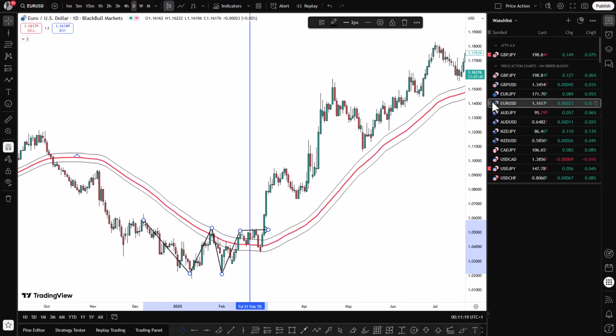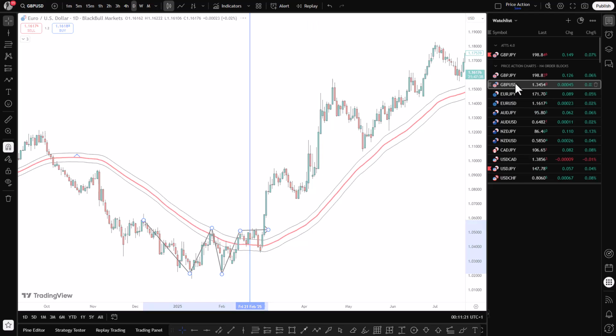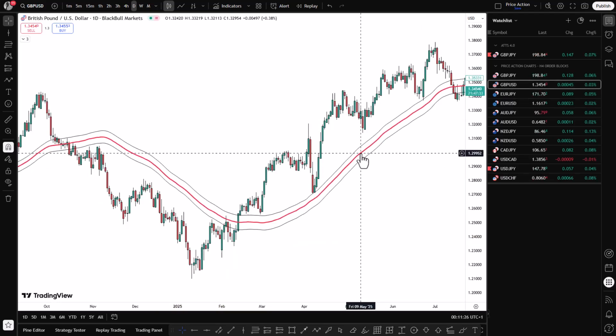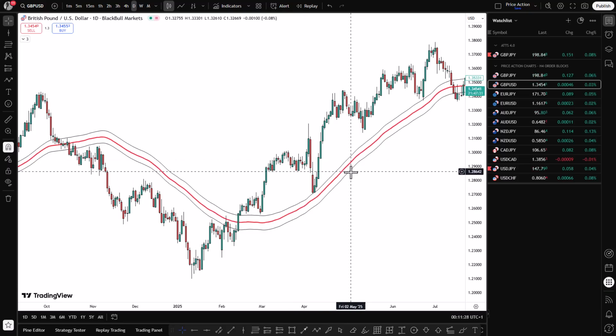And if you've been following me closely, you know that we would have been expecting this same thing to happen on the charts of currency pairs like the GBP USD. Why? Because the GBP USD also has the dollar as the quote currency.